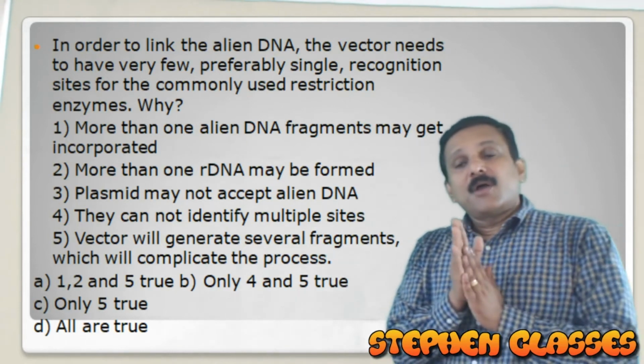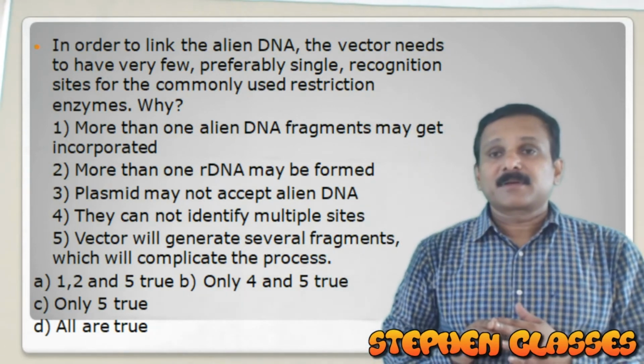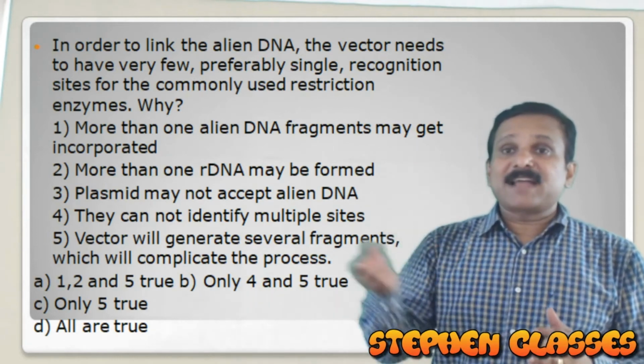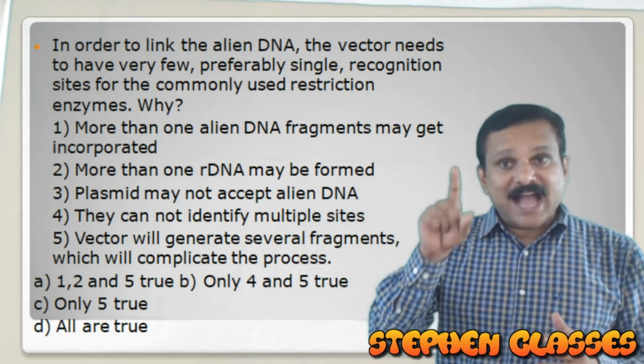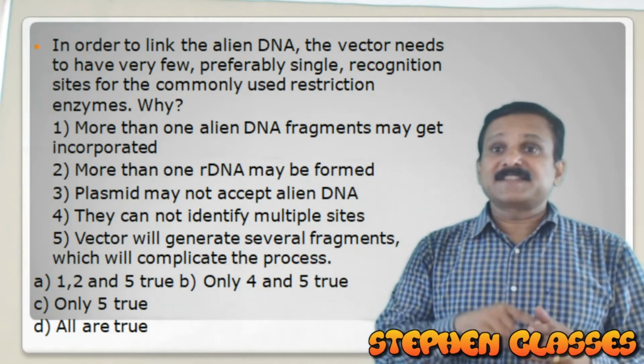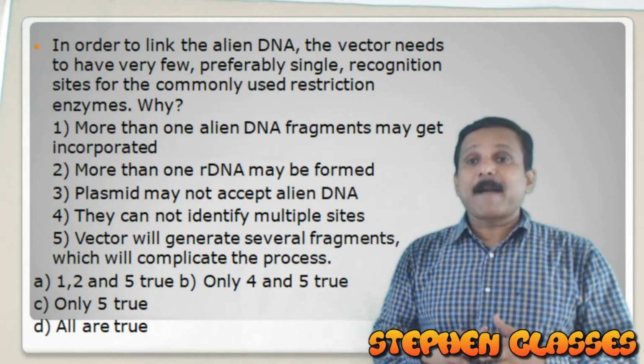So you know, when you are inserting the gene of interest in a vector using a restriction enzyme, the restriction enzyme that we are using should have only one recognition sequence. If there are more than one recognition sequence, what will happen?